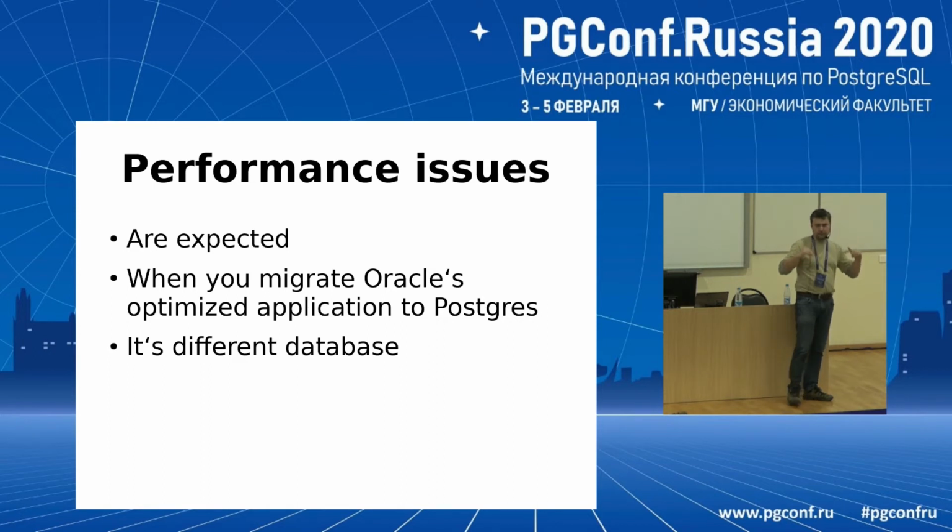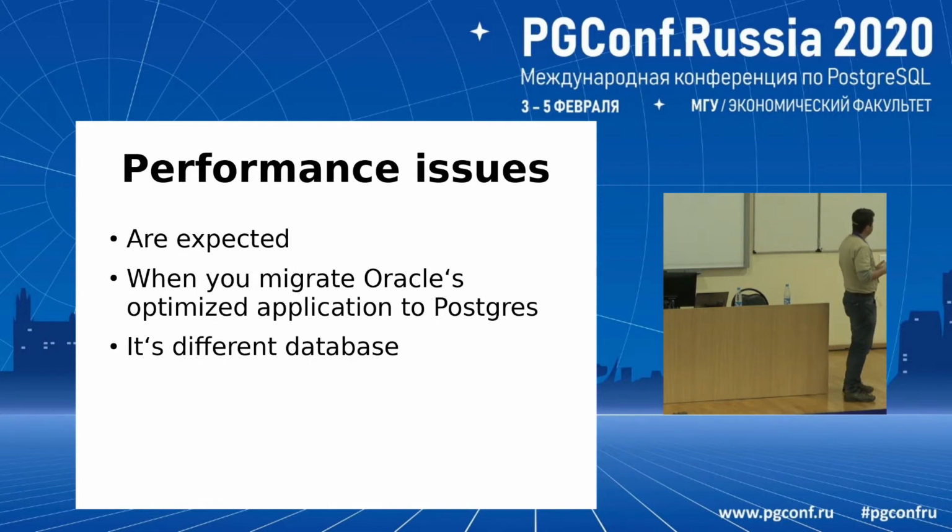So you have to count on this. There is some help. Usually we use modern hardware and a modern version of Postgres. A lot of the time you migrate from an old version of Oracle to a modern version of Postgres. So this helps us, but performance issues are expected.